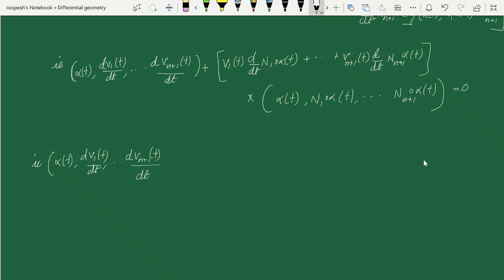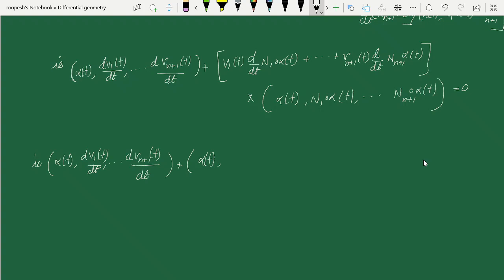The term as such, here we have a dot product, so plus the next term, also with alpha of t, comma.